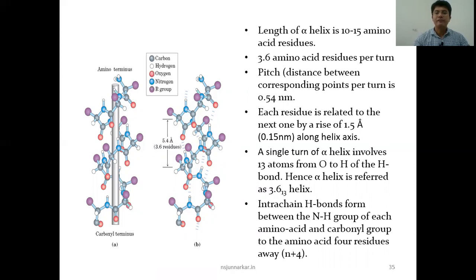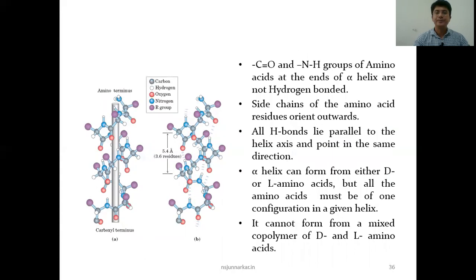Intrachain hydrogen bonds form between the amino group of each amino acid and the carbonyl group of the amino acid 4 residues away. Carbonyl and amino groups of amino acids at the ends of the alpha helix are not hydrogen bonded. Side chains of the amino acid residues orient outwards, and all the hydrogen bonds lie parallel to the axis.